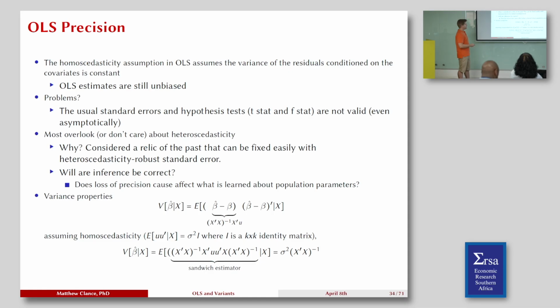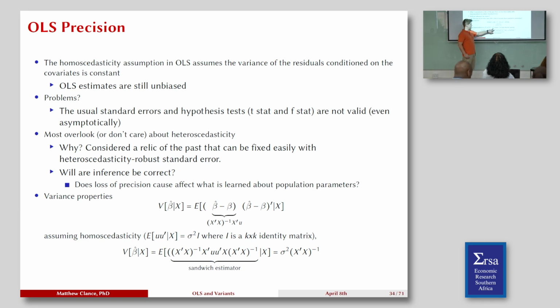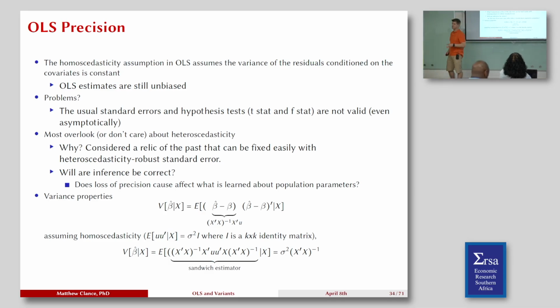Now, when we think about the variance properties, we're thinking about strict exogeneity, or in this case, looking at the squared errors given the x's, and saying that it equals some constant. We don't care what the constant is as long as it's constant. If that's true, then this portion can be pulled out of the expectation, since there's no expectation of a constant.